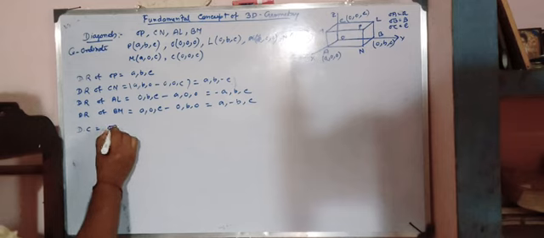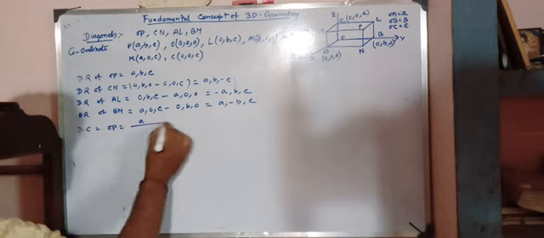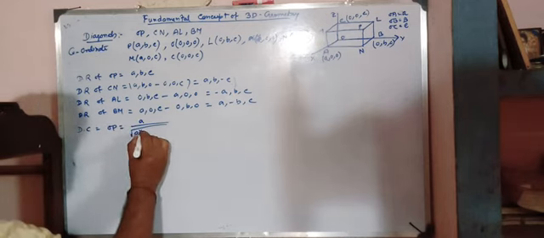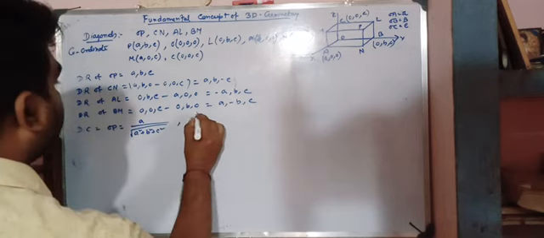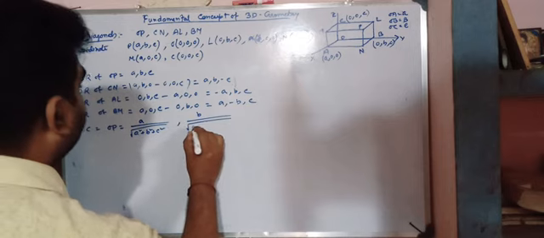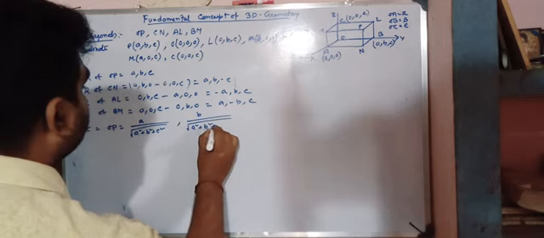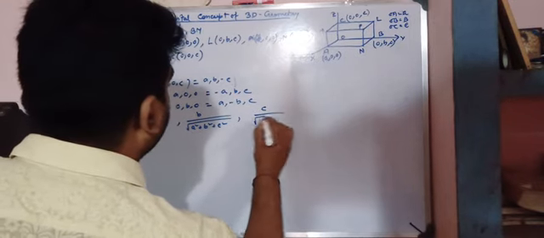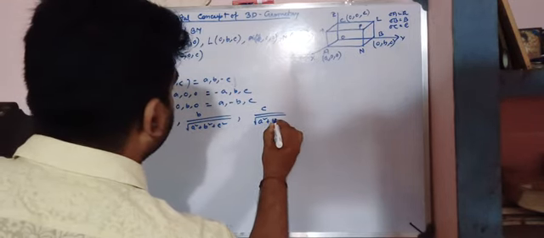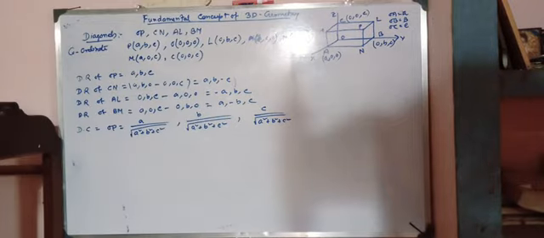Now the direction cosines of OP are equal to a by root over of a square plus b square plus c square, b by root over of a square plus b square plus c square, and c by root over of a square plus b square plus c square.